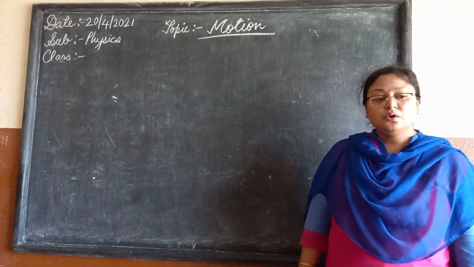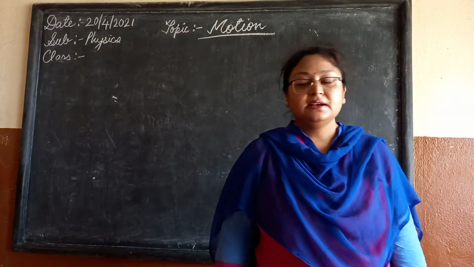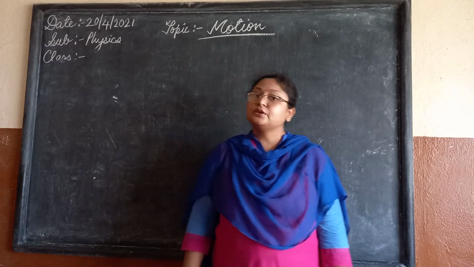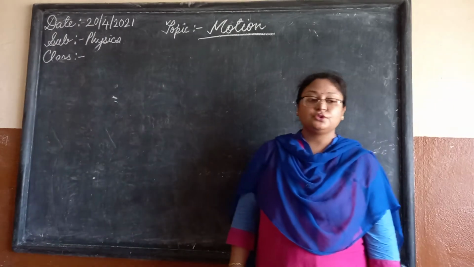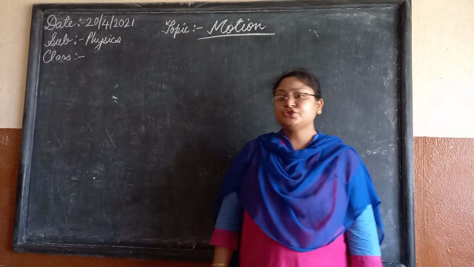Clear? Now motion can be described in various ways, that is a zigzag motion, a random motion, a circular motion, a uniform motion, a non-uniform motion, or a motion in a straight line. So first we will exhibit motion in a straight line.